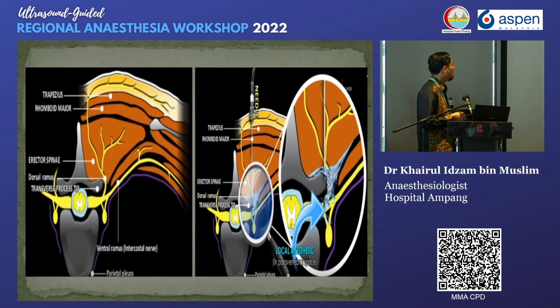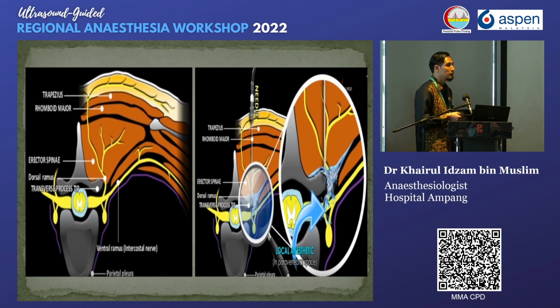When we try to identify our muscles for the erector spinae plane block, there are a few muscles that we need to identify: the trapezius, rhomboid, and erector spinae muscles.